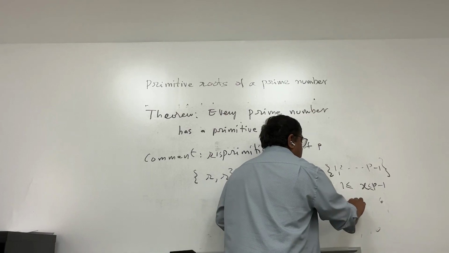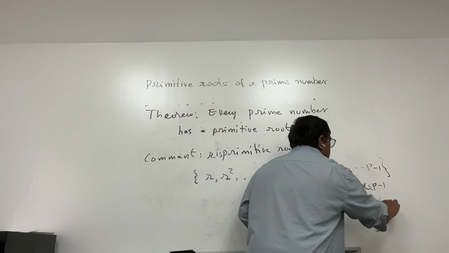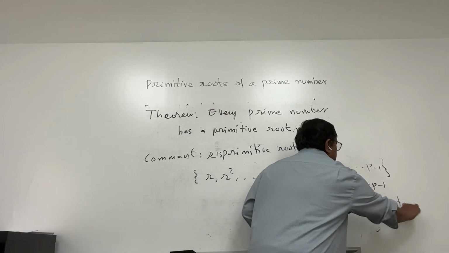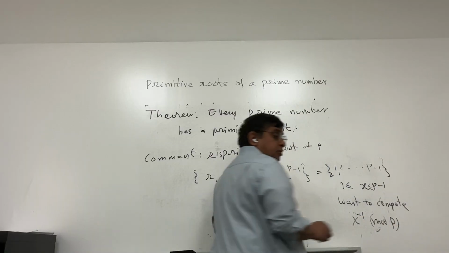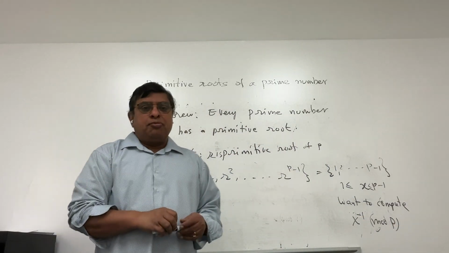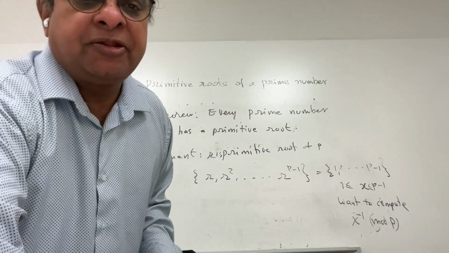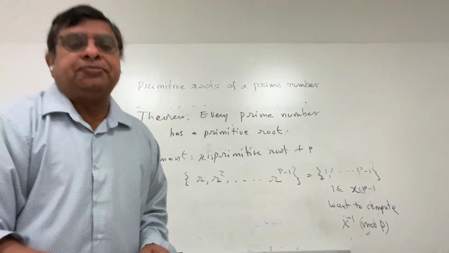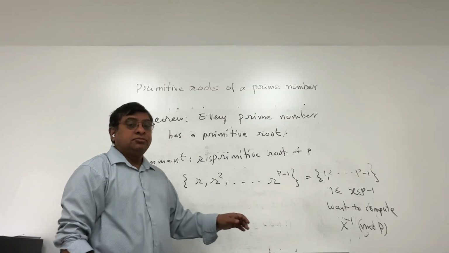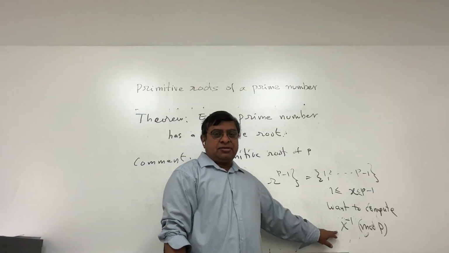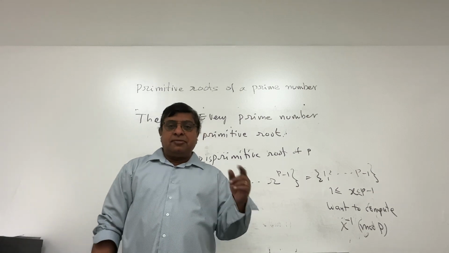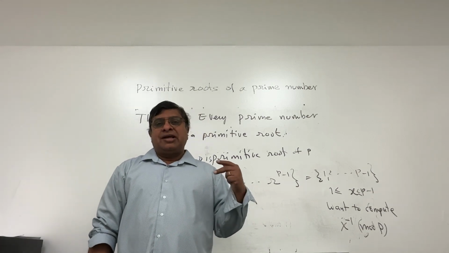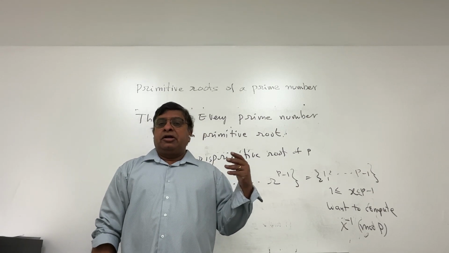And I want to compute x inverse mod p. If you want to compute x inverse mod p, there are a couple of ways. You could use Fermat's little theorem to compute x inverse, or the extended Euclidean algorithm.